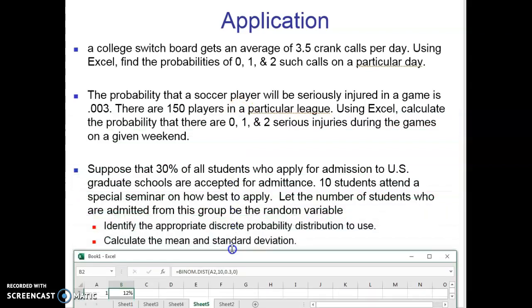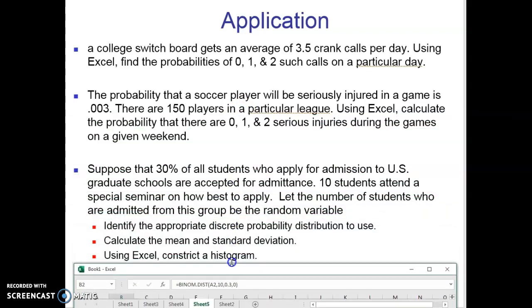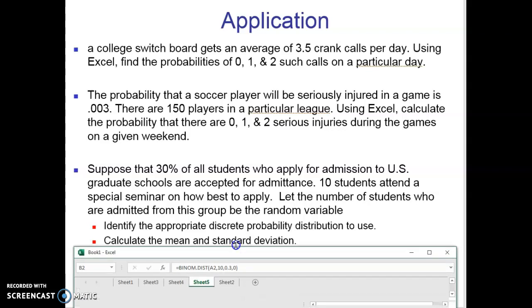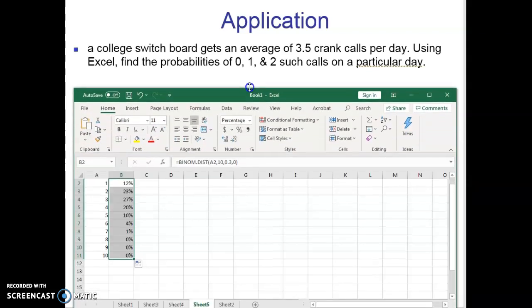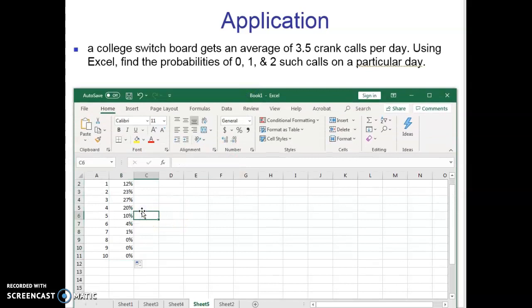So let's see what the question is. It says, calculate the mean and standard deviation and construct a histogram. Well, here's where we can spot the mean pretty quickly. The mean is always the expected value, and isn't that the most likely to occur? So wouldn't the mean be 3? No, that one's pretty easy. Now you say, but don't we have a formula to calculate the mean? Yeah, the formula is NP.